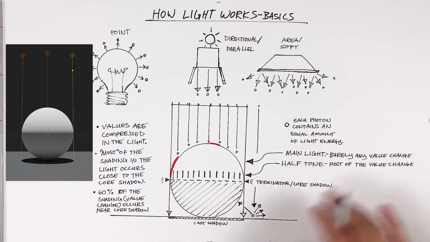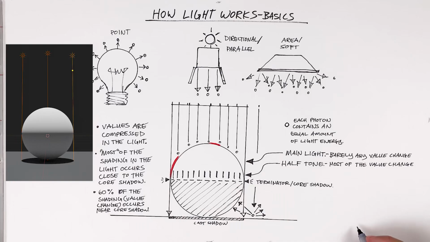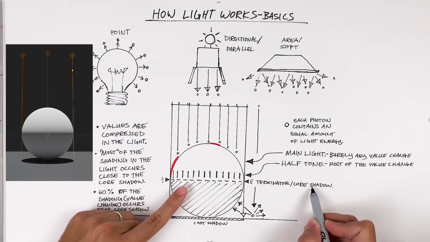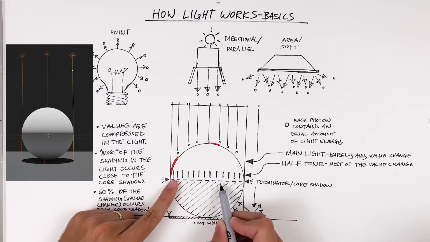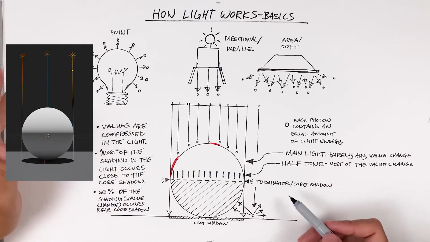So light will scatter in all directions, and that will bounce back up into the shadow side of the ball. So this will have the effect of making the core shadow look darker by contrast, make it stand out more, as I'm sure you've seen in well-rendered pieces of art.